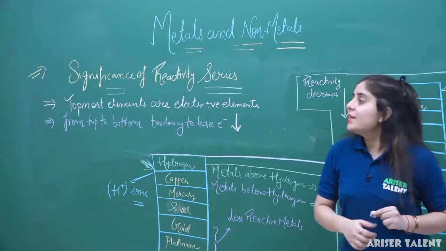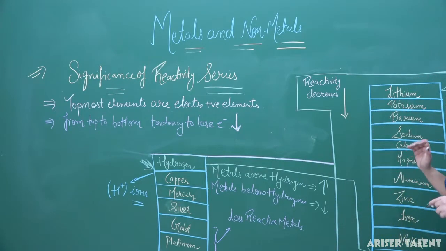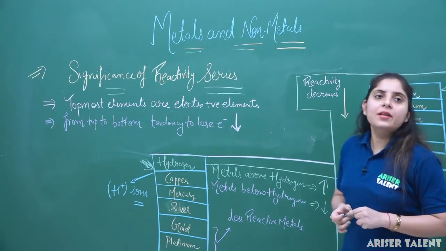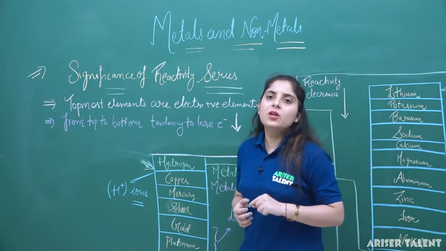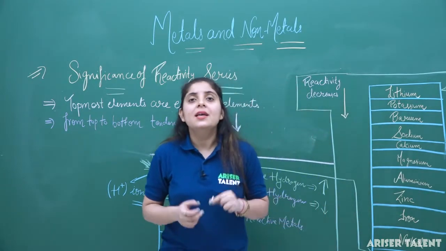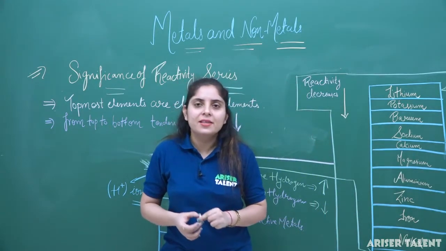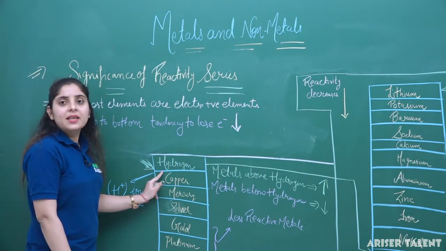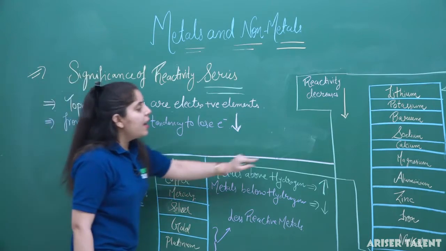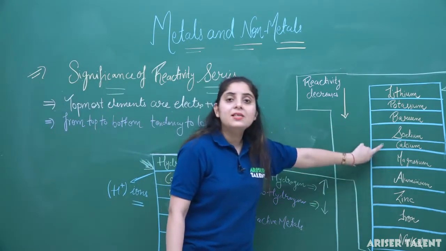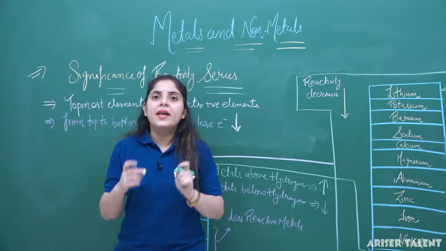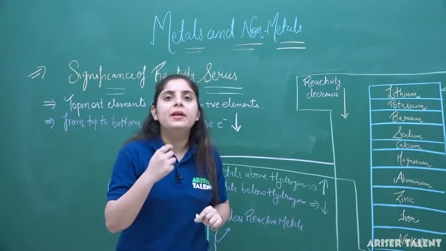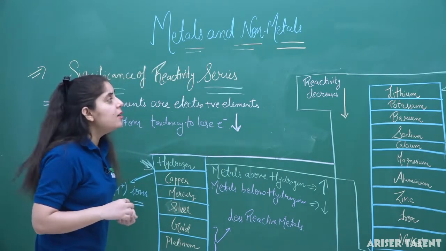Now, if a metal above hydrogen reacts with dilute acids, it will liberate hydrogen gas in the solution. Hydrogen is here in our reactivity series, and the metals placed above hydrogen, when reacting with dilute acids, will liberate hydrogen gas.